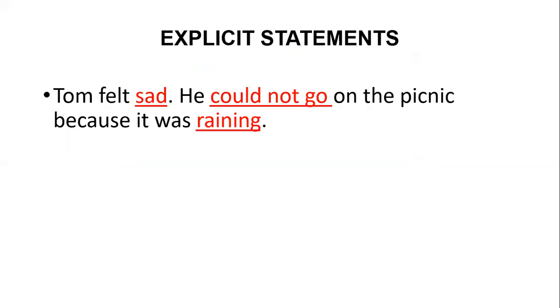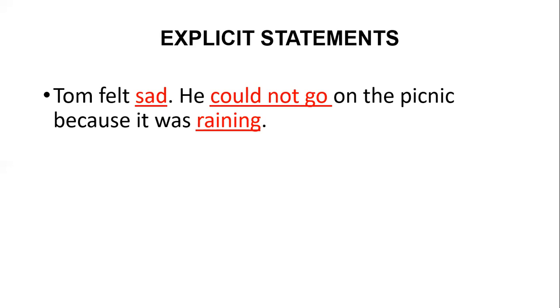Let's check more examples of explicit statements. Tom felt sad. He could not go on the picnic because it was raining. Very simple, straightforward statement. You don't need to decide what has been said by the writer. Tom felt sad. He was sad because he could not go where?